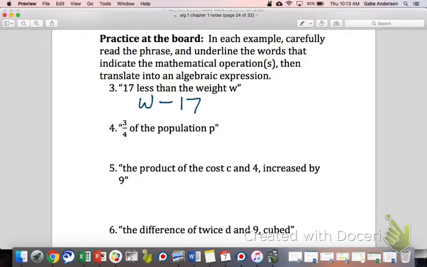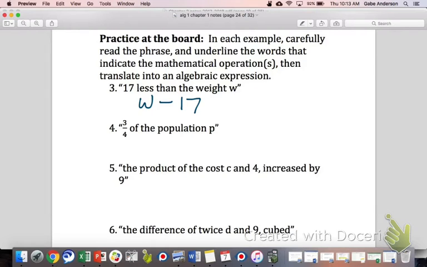Yep, that's good. Remember, order doesn't matter here, so if you've got P times 3/4, or 3/4 times P, it's the same thing. Those all look really good. Nice job. Multiplication is commutative.